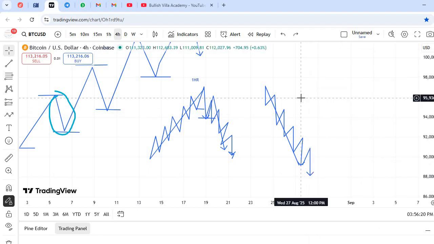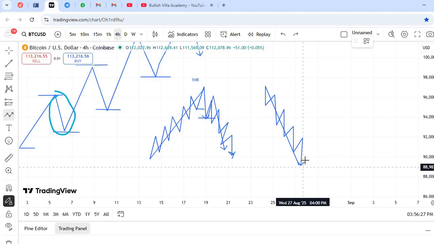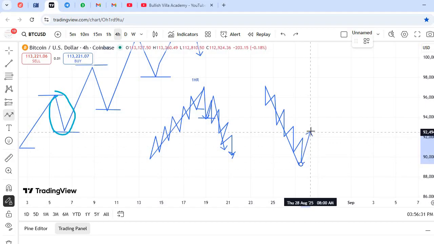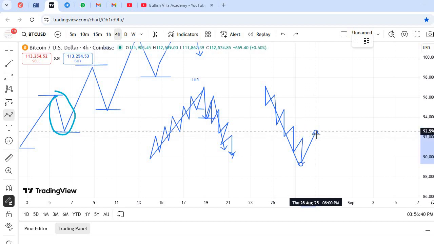Instead of creating a new high and going down, the price created a new high that broke out, or took out, this last high. Can you see?